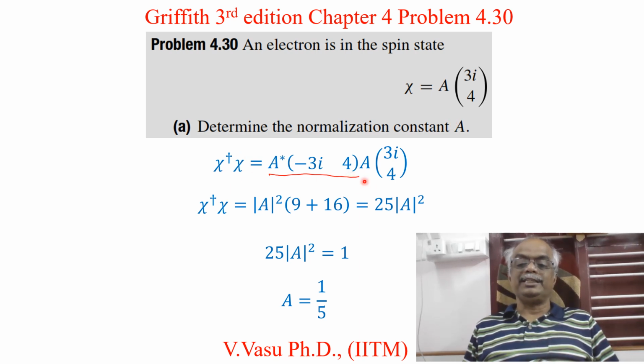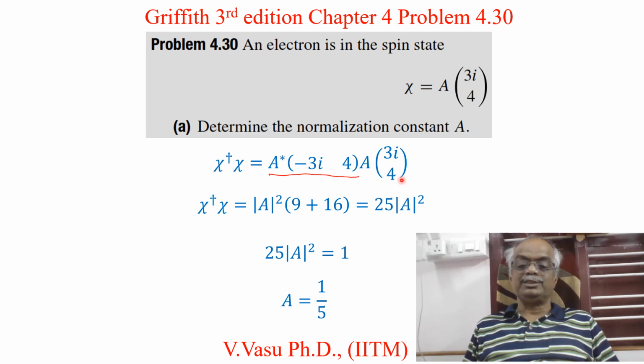Then chi, that is A into (3i, 4), so this is a column matrix. Now A star A is equal to modulus A squared. Then if you multiply this row matrix and column matrix, minus 3i into plus 3i will become 9 minus 9 i squared. i squared is minus 1, so this will become plus 9.